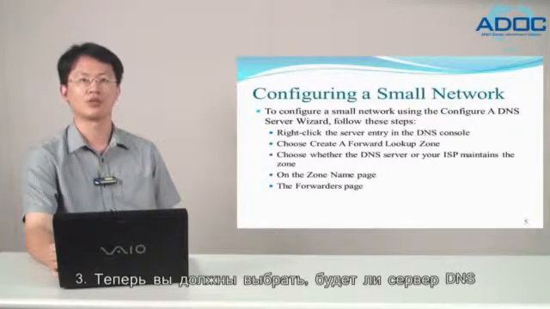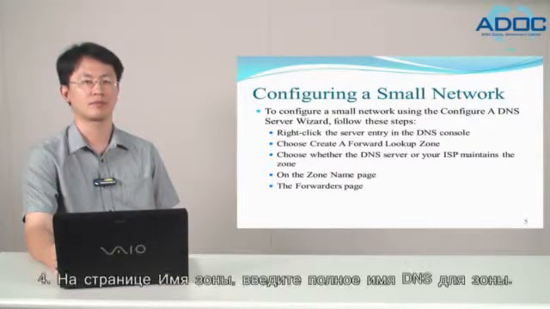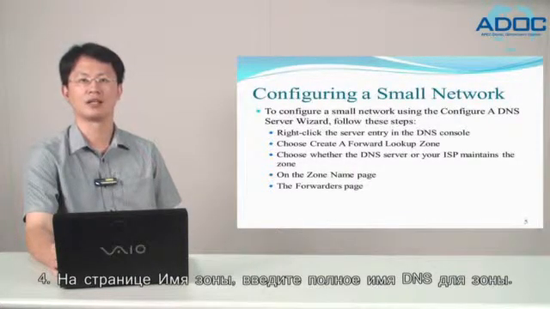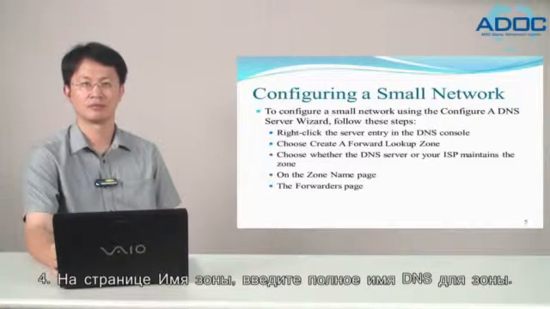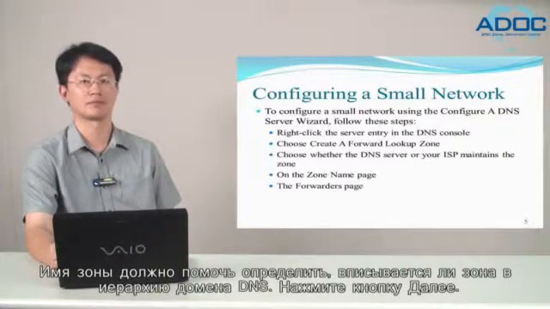Third, you can now choose whether the DNS server or your ISP maintains the zone, and then click Next. Fourth, on the Zone Name page, type the full DNS name for the zone. The zone name should help determine how the zone fits into the DNS domain hierarchy.